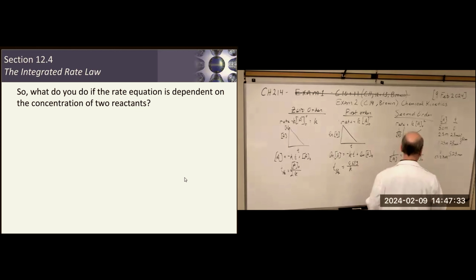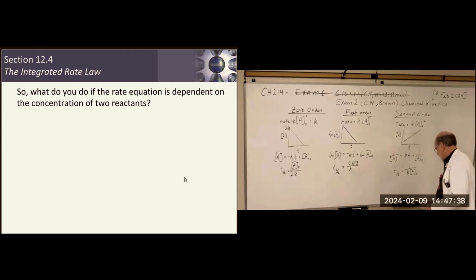If you've got two reactants, A plus B yields products, then what you do to study one of them is you make the second one high concentration so that you can assume it does not change during the reaction. It is essentially constant. Then you can focus on this one.